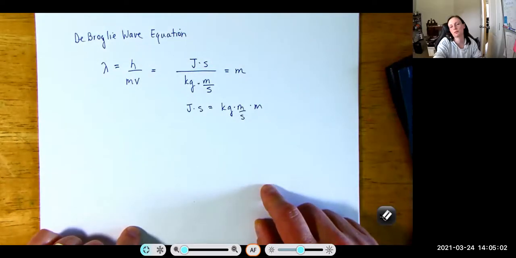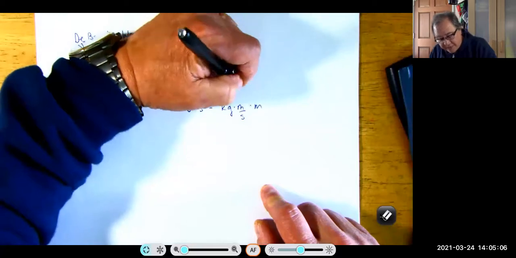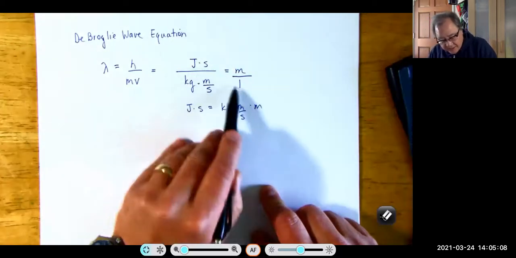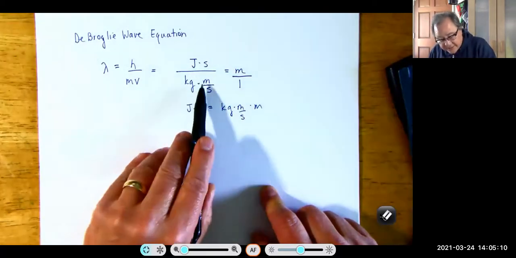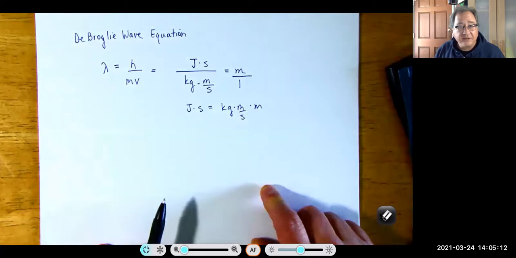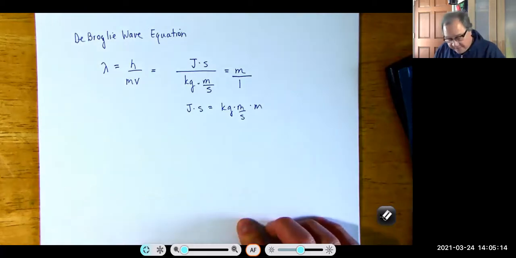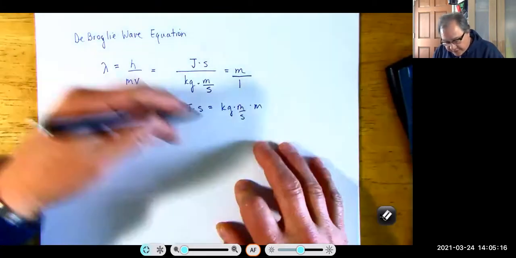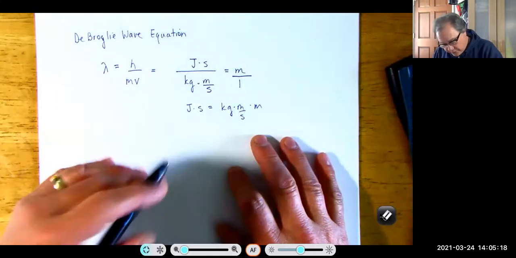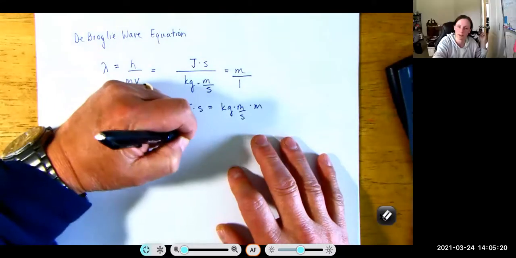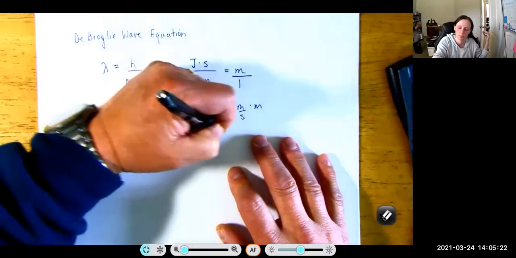Basically, I'm putting the m over 1, and I'm doing joule second times 1, kilogram meters per second times meters. Now what am I going to do to this to get joules alone? Divide by seconds.